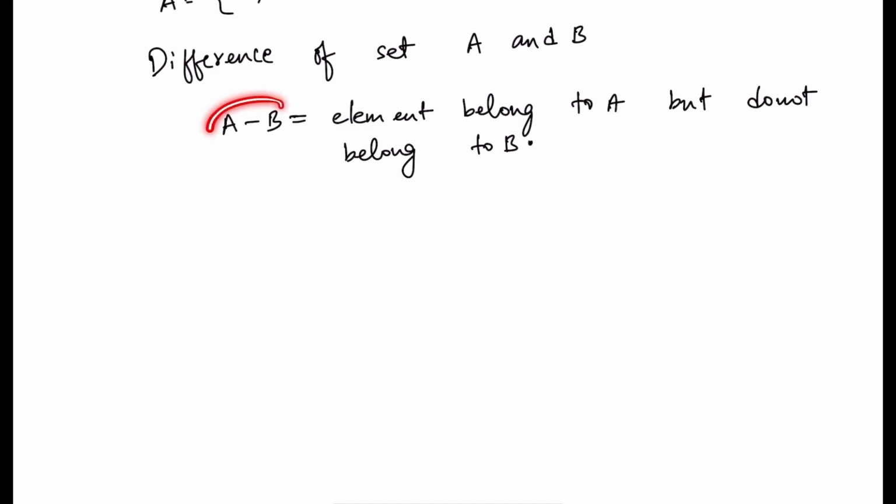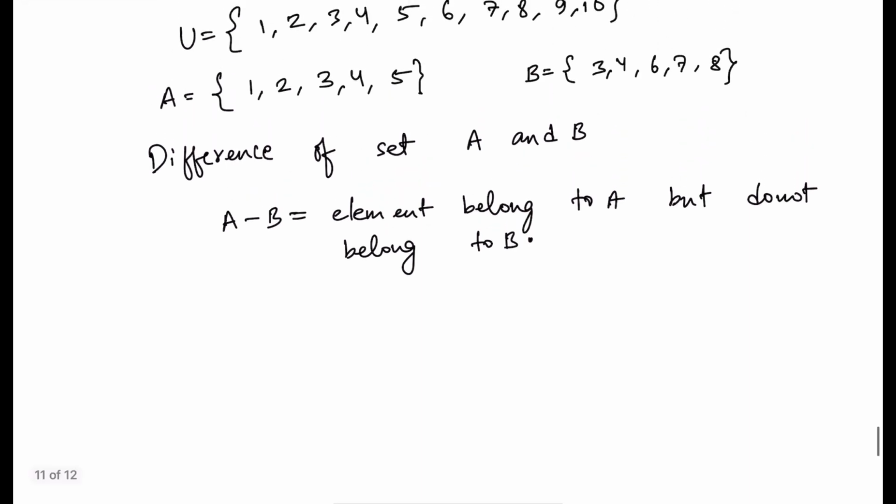A minus B is a set which is a collection of elements that belong to A but do not belong to B.